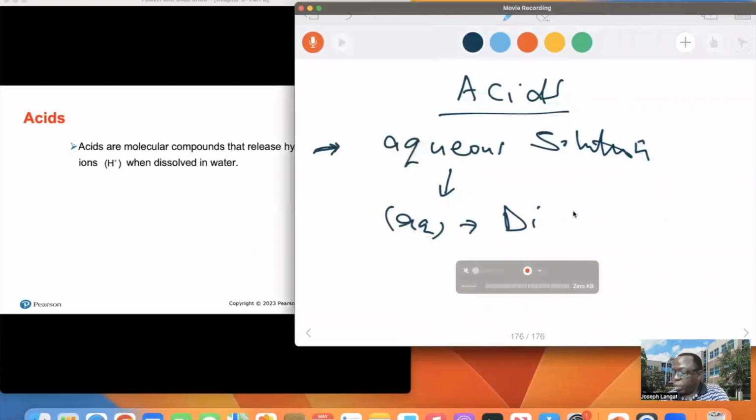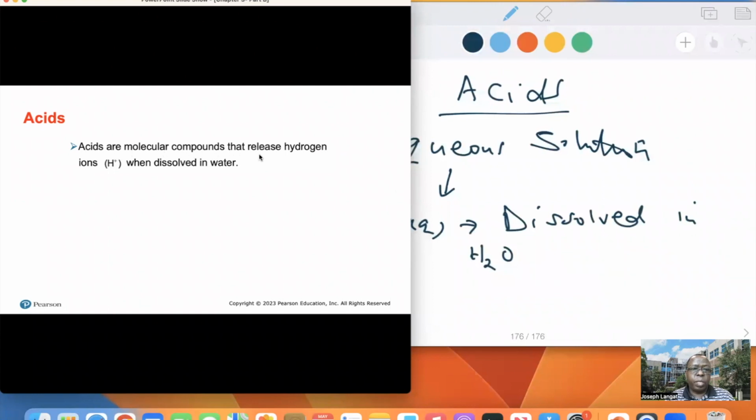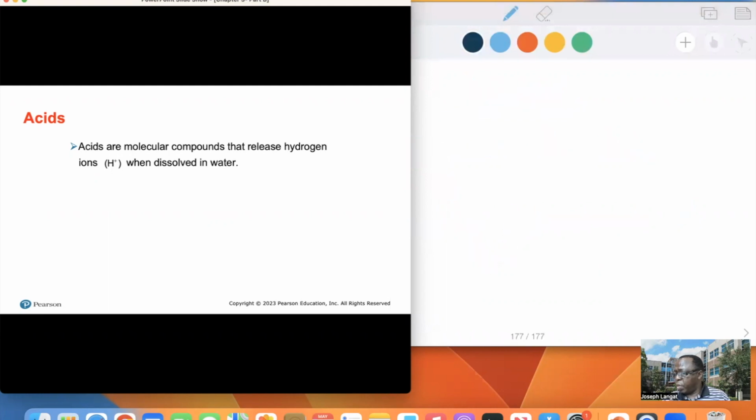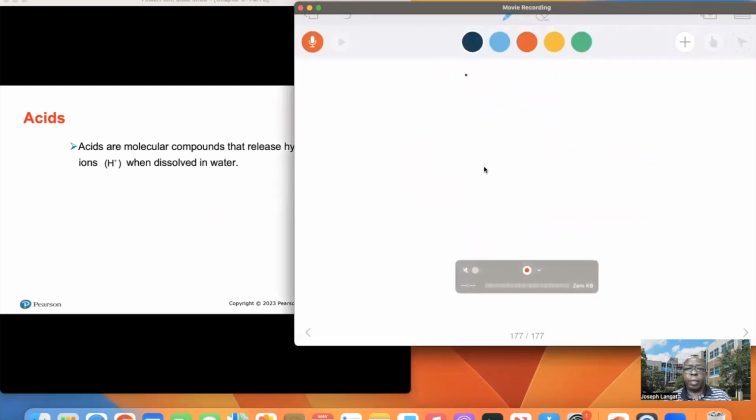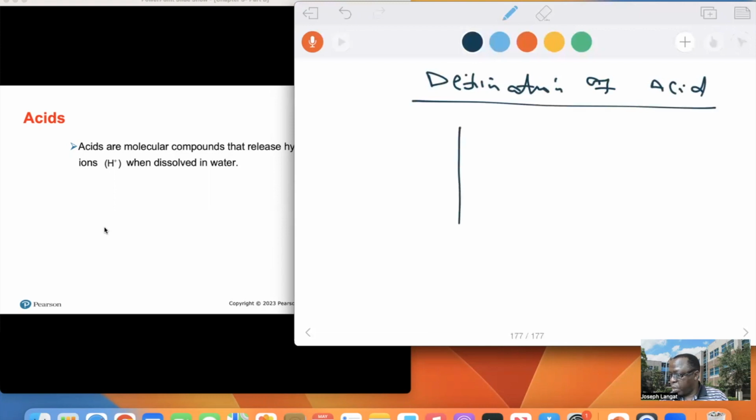Dissolved in H2O, or dissolved in water. So generally, molecular compounds that release hydrogen when dissolved in water are called acids. There are three definitions of an acid, all right? Three definitions. I'm just going to draw a parallel between the acids that we have here.